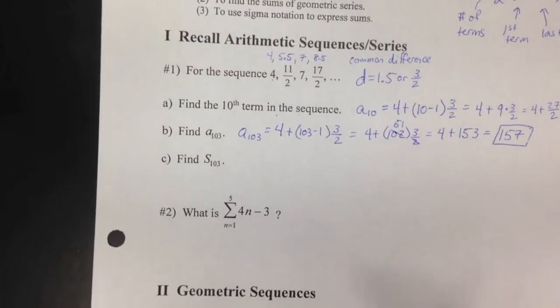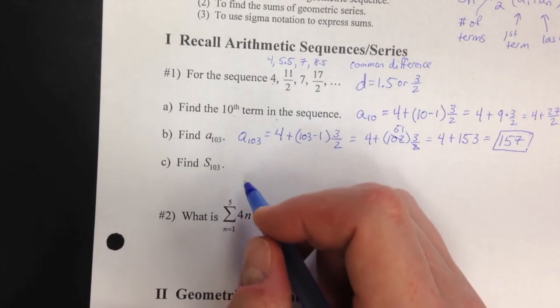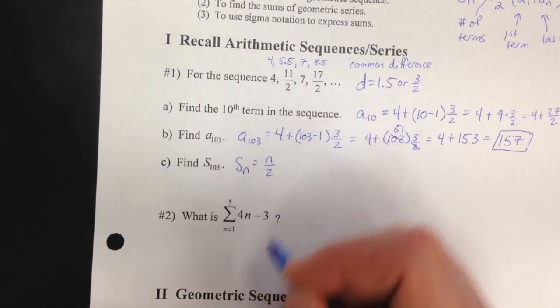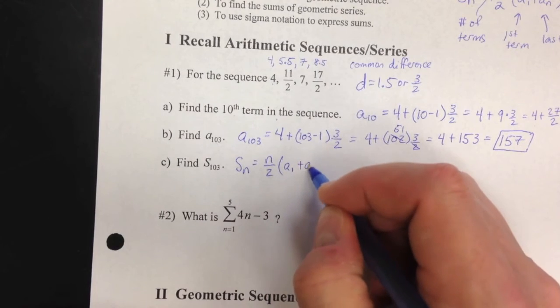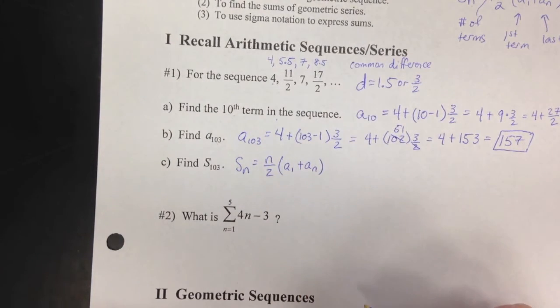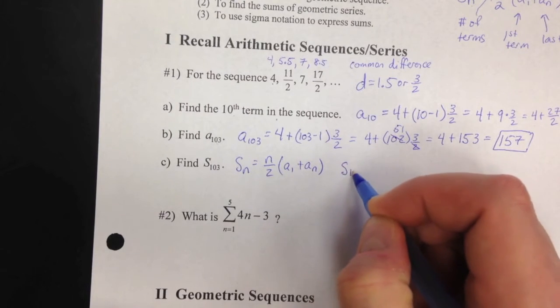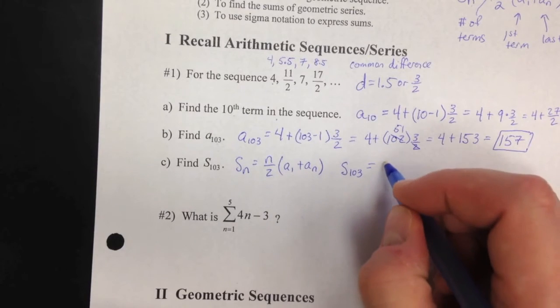Now, part C says find the sum, S sub 103. So S sub n, the sum of the first n terms, is n over 2 times the first term a sub 1 plus the last term a sub n. In this case, we're going to find S sub 103. n is the number of numbers.